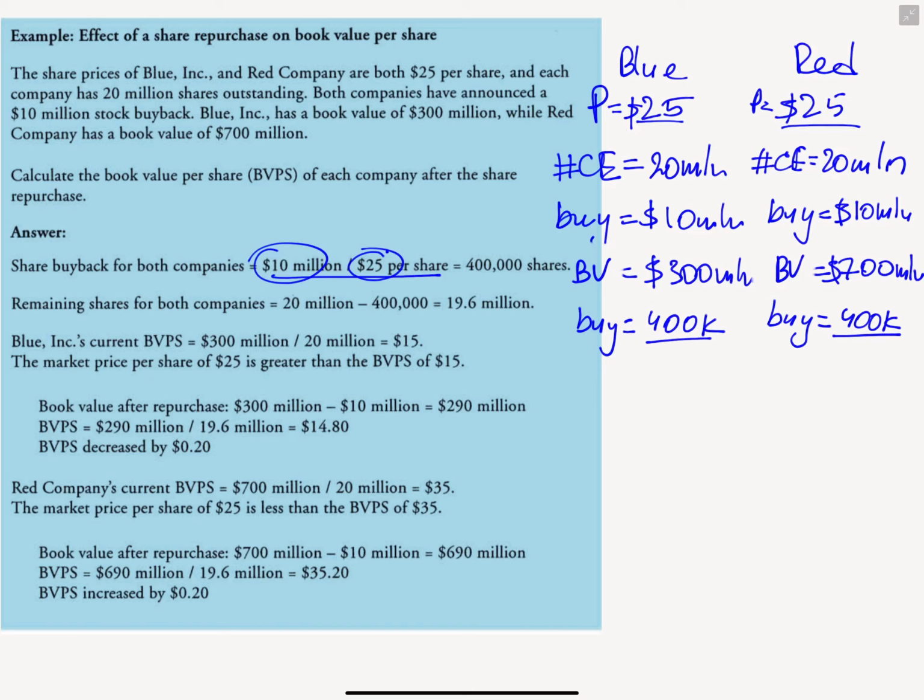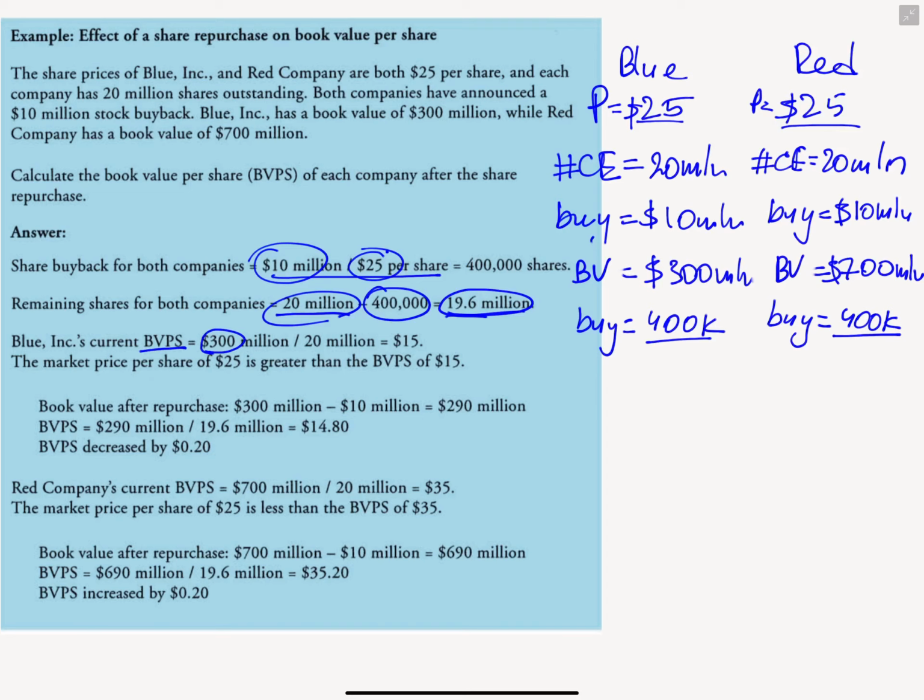Remaining shares will be this number, because they had this number outstanding. They are able to buy 400,000 and it will be this number. So before, book value per share was book value over number of shares outstanding.